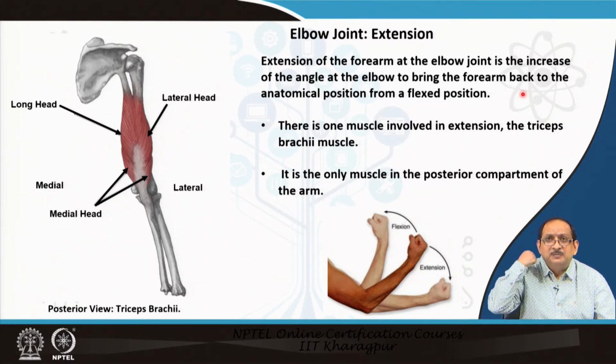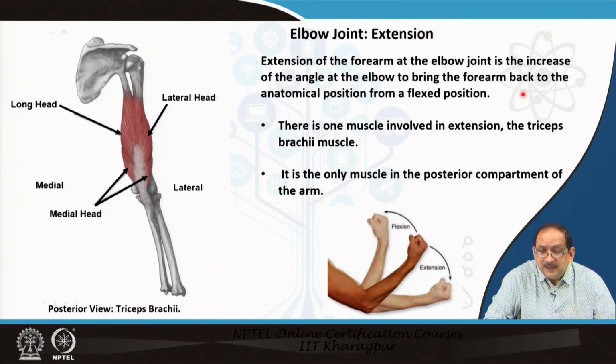That is due to the movement extension. There is one muscle involved in extension, that is the triceps brachii muscle. The attachment site of the muscle and the muscle orientation is shown in the posterior view as indicated in the slide.